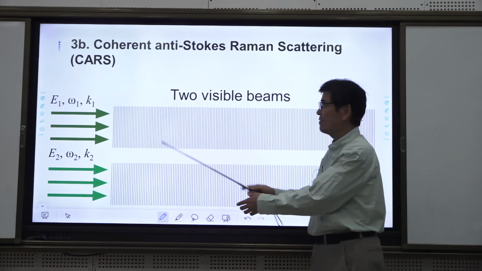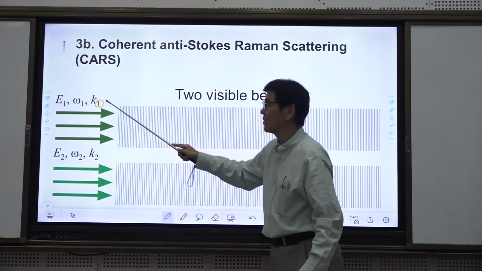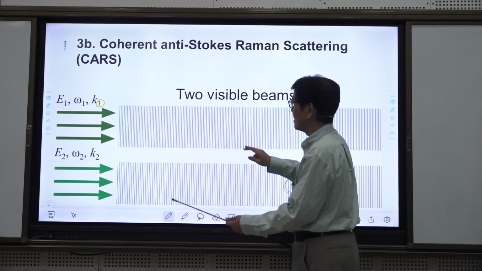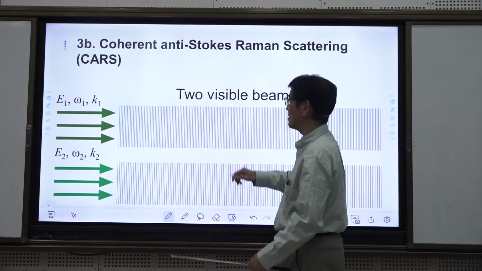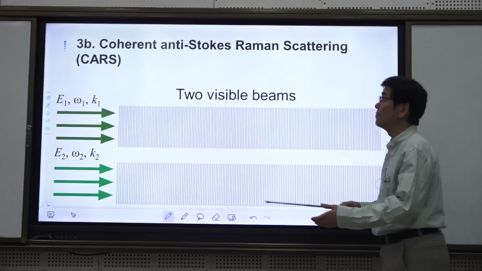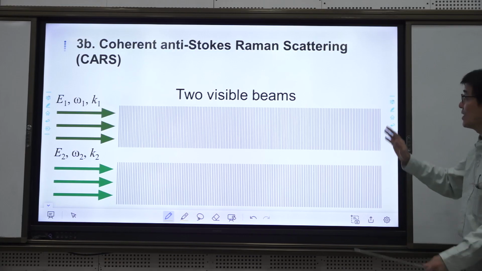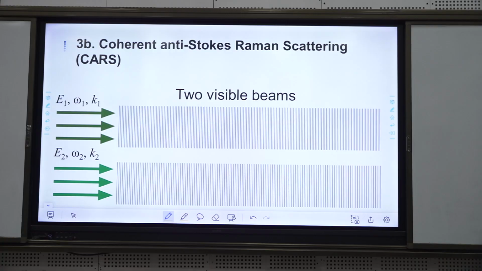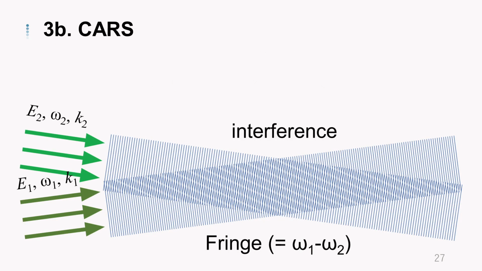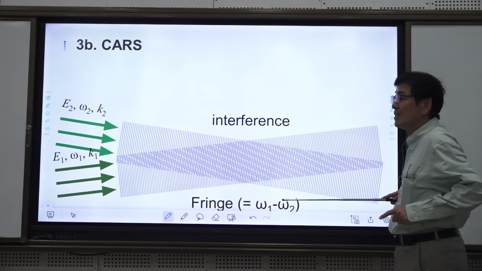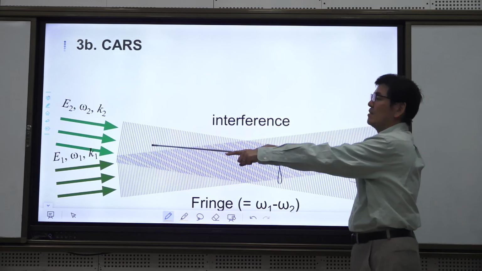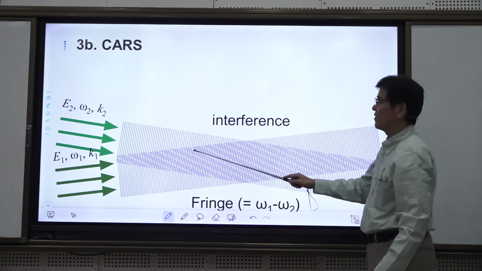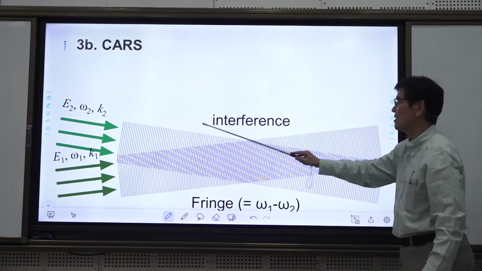Yesterday I explained K1 as the polarization direction, but in this case, please forget that definition. K1 and K2 are completely different directions. So they introduce two beams in this crossing configuration. This is E1, this is E2.